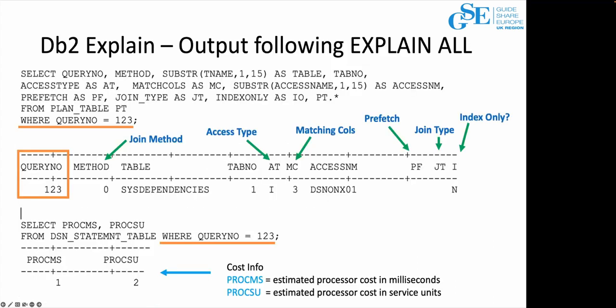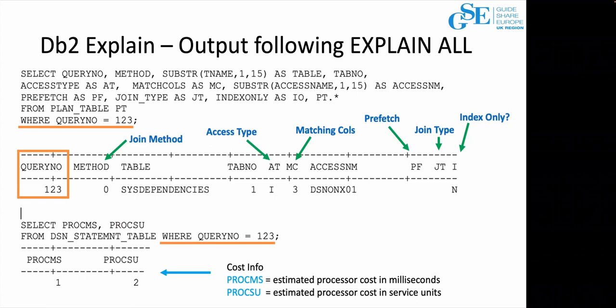So on the previous screen, it was the Spufi input. I just mentioned the 2 select statements, and here are the output. And first we start with the plan table. I select some specific columns that I'm interested in, and then I select everything with this pt.*, that's just so that I've got all of the columns there if I need them, but the ones that I'm sure I'm going to be looking at, I have at the beginning.